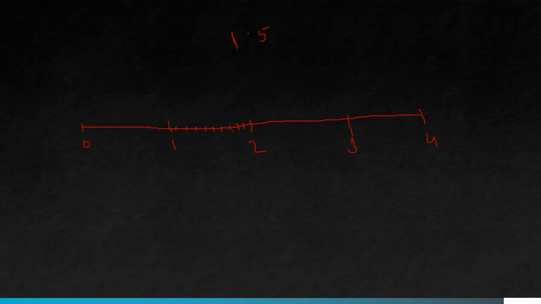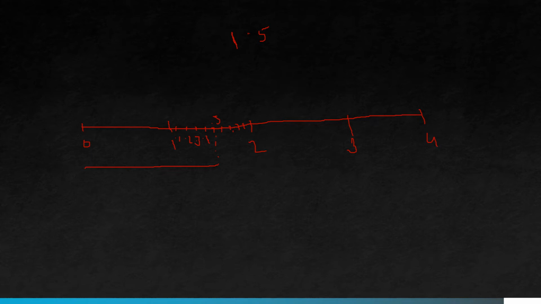This value is 0.1, this value is 0.2, this value is 0.3, this value is 0.4, and this value is 0.5. So 1.5 will be from here until here, right? This is our 1.5.